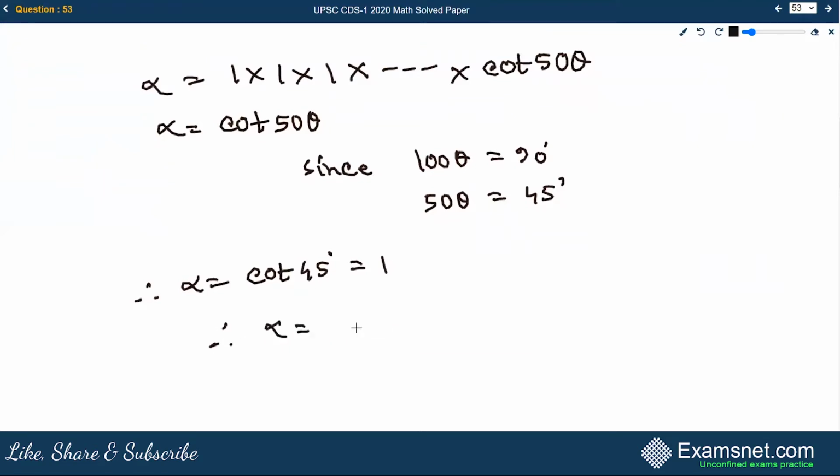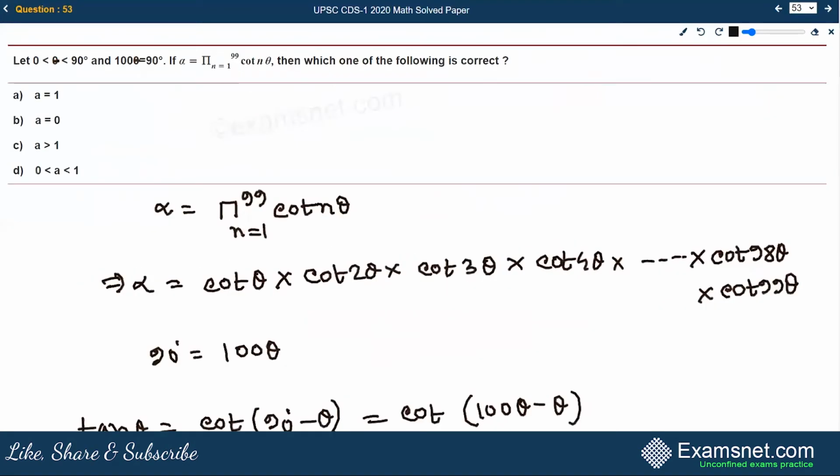Therefore, the value of alpha, the product for n from 1 to 99 of cot n theta, will result in 1. So here the correct option is A. Option A is the correct option: alpha equals 1.